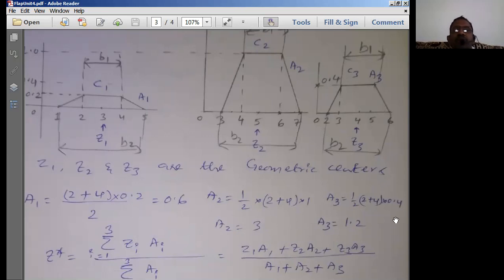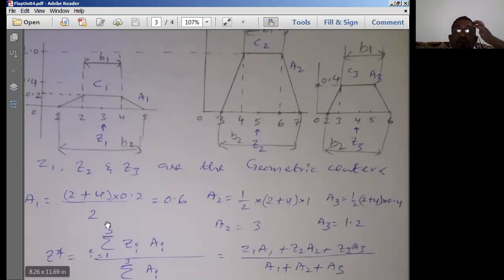See here, this 3 is the center of these two. 1 and 2, there are two elements before Z1 and two elements after Z1. Similarly, there are two elements before Z2 and two elements after Z2, and two elements before Z3 and two elements after Z3. That means this is known as the geometric center of this entire given set of values of the fuzzy set.